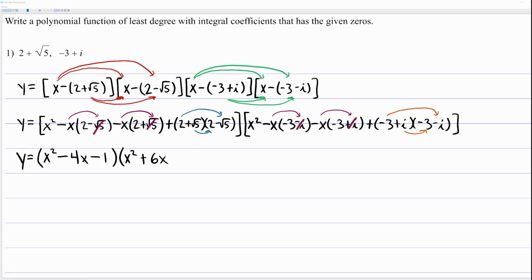The imaginary terms cancel. So if you look at what's left, we have negative 3 times negative 3. That's positive 9. And then i times negative i, that's minus i squared. 9 minus i squared. Well, i squared is negative 1, so this is 9 plus 1, which is 10.